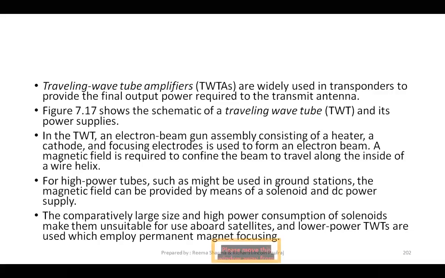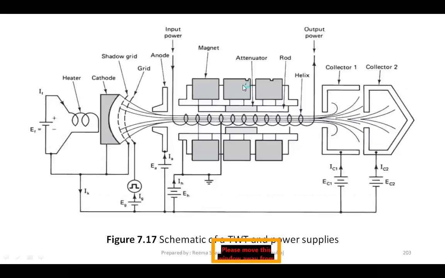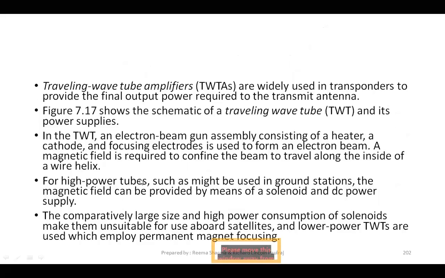A magnetic field is required to confine the beam to travel along inside the tube. The magnets you see will change the path of your electrons. Those electrons generated from this point move inside, and because of these magnets, we can make sure the electrons are in a straight line of sight.